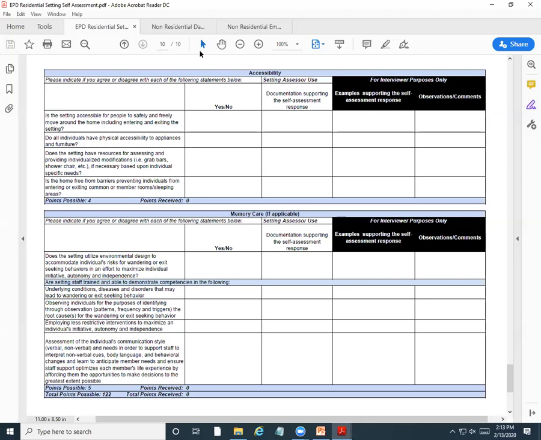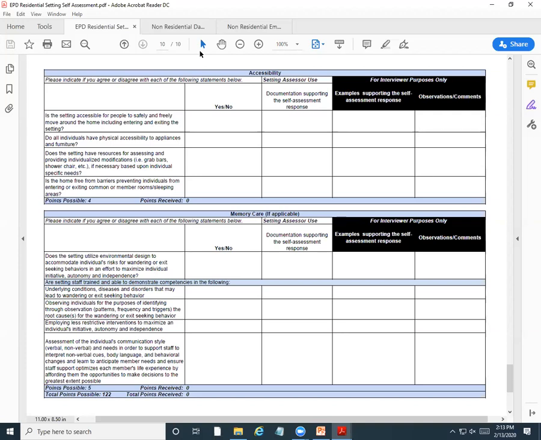Observing individuals for the purposes of identifying through observation patterns, frequency, and triggers the root causes for that wandering and exit-seeking behavior. Employing less restrictive interventions to maximize an individual's initiative, autonomy, and independence. Again, we don't want the first intervention to be locked metal doors and that institutional environment if we can prevent it in any way.